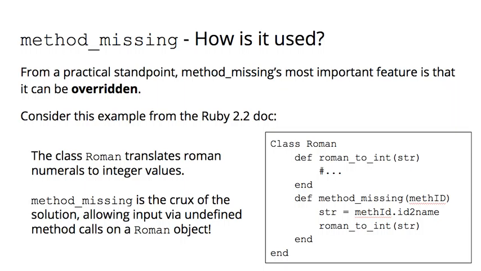So as you can see, method missing is critical to this implementation because it allows the user to basically input Roman numerals in the form of arbitrary method calls on a Roman object.